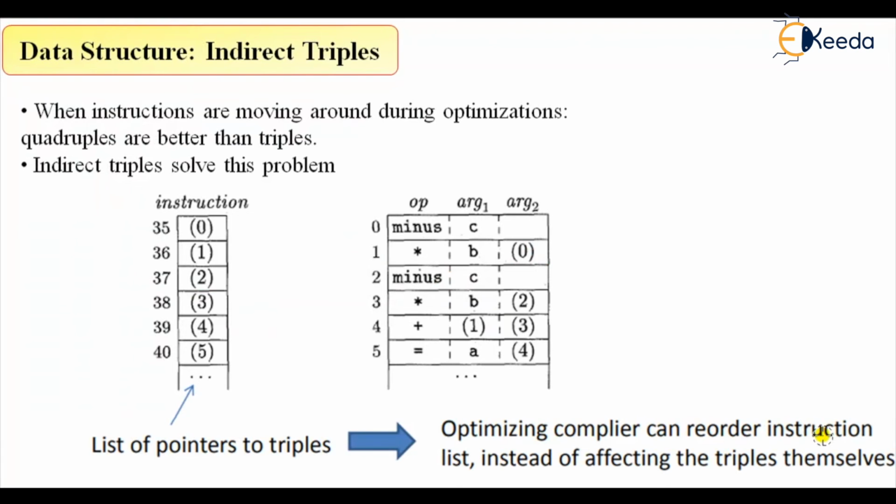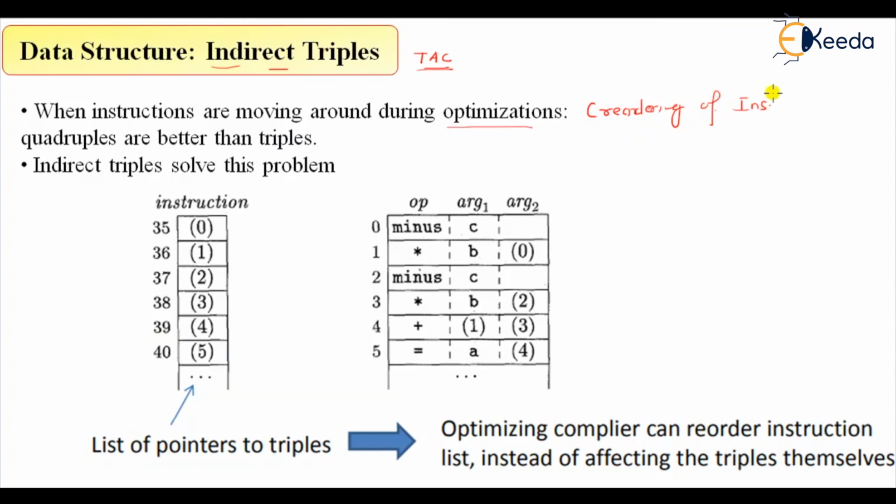Welcome again, and the next data structure is indirect triples. We are learning indirect triples for storing the three address code, TAC, when the instructions are moving around during optimization. This is related to the reordering of instructions.